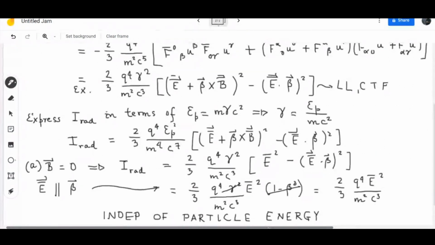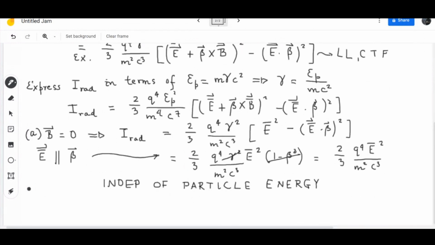Okay, so that's one physical effect which we deduced from this expression. The second physical effect is this. The other one, where E bar is equal to 0. Then, of course, it is no longer true that it is independent of gamma. So the I_rad in this case does depend on the energy of the particle.